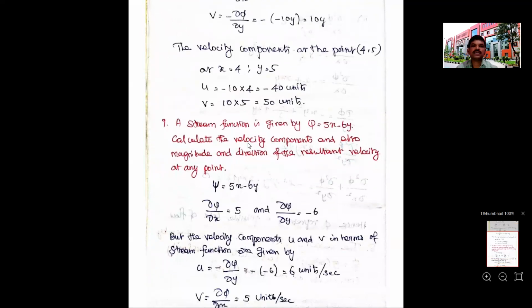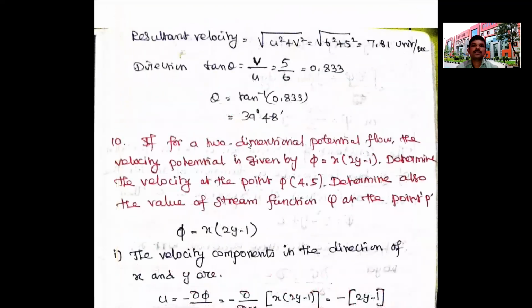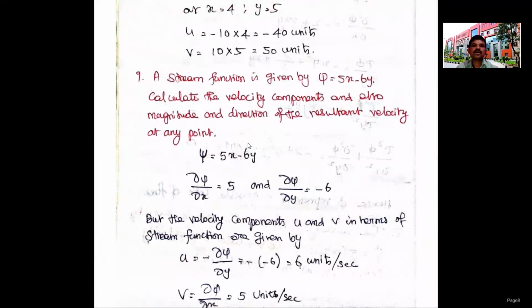Now you can see here, a stream function is given by ψ = 5x − 6y. Calculate the velocity components and also the magnitude and the direction of the resultant velocity at any point.